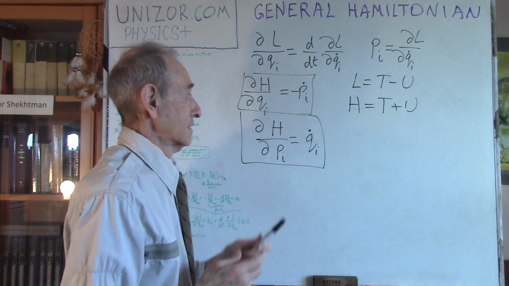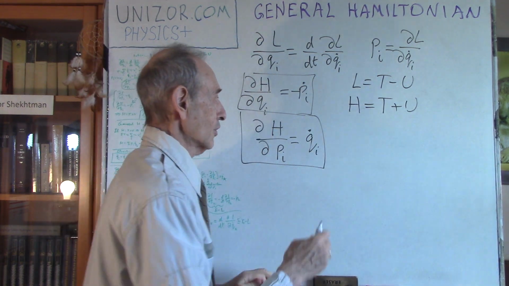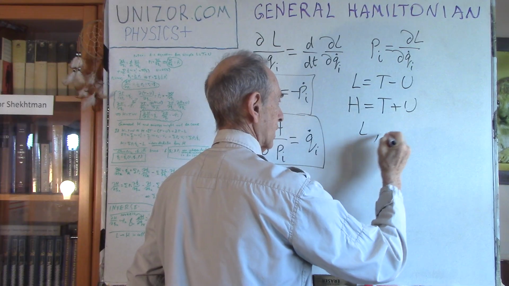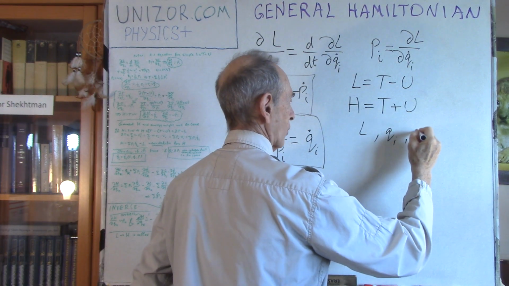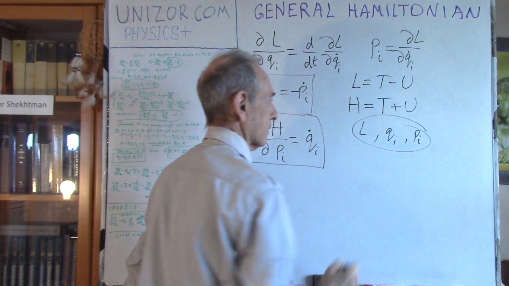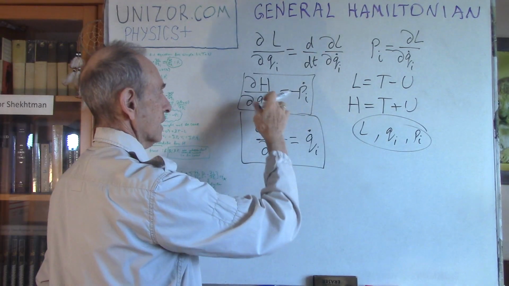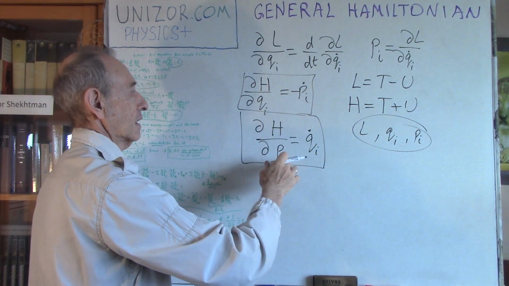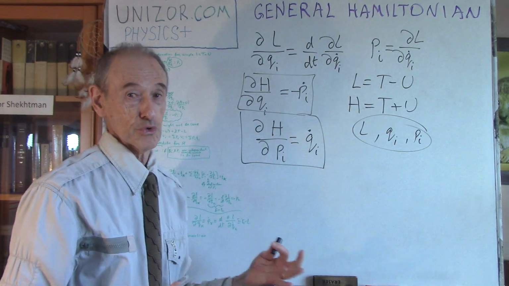Well, I don't know the way the function H actually looks. All I know is that I have to have the Lagrangian, all the coordinates and all the momenta, and somehow I have to mix them together to get this function H, with these equations being true.